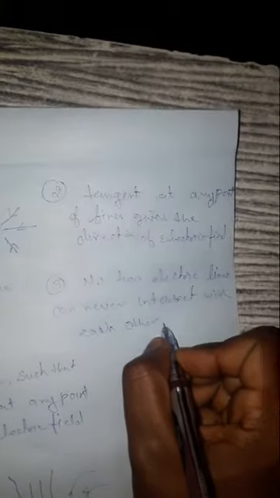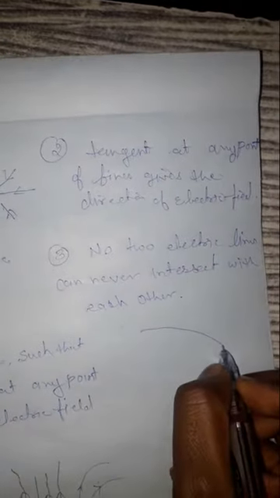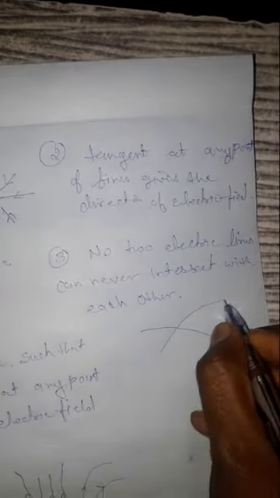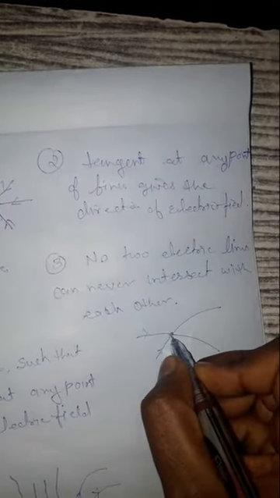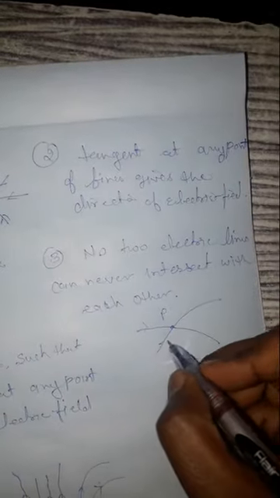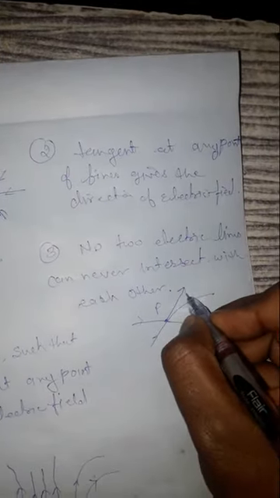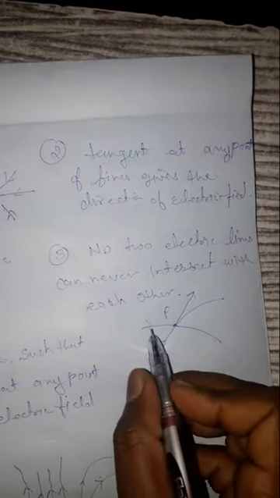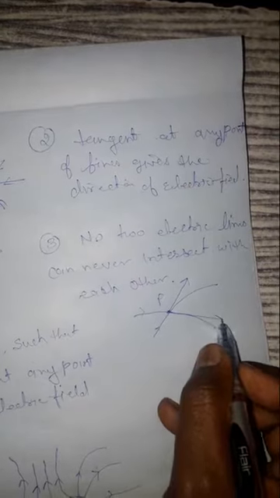This is because if we consider two electric lines of force, and they intersect at point P, and we draw a tangent on the first curve, it is in this direction, and if we draw the tangent on the second line, it comes in this direction.